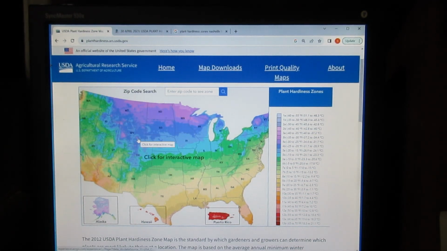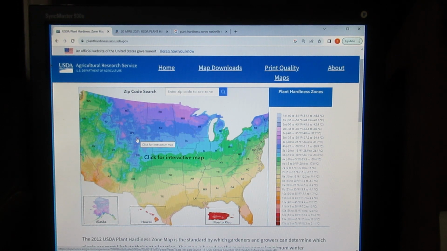What we're looking at here is an interactive map from the USDA, United States Department of Agriculture. Everything I am sharing with you is about the United States. Other countries can have their own maps which may or may not use the same numeric value that we use. You would have to hold the maps side by side and compare them.